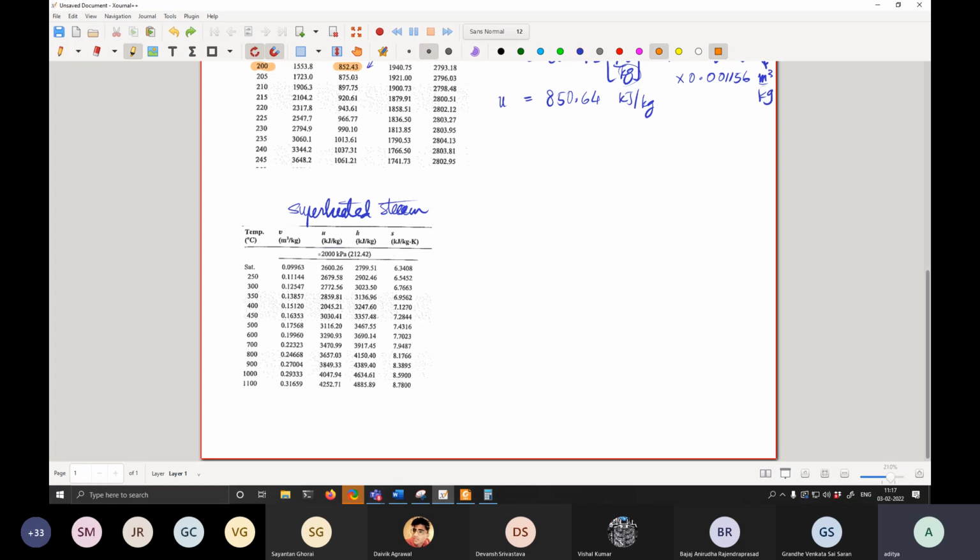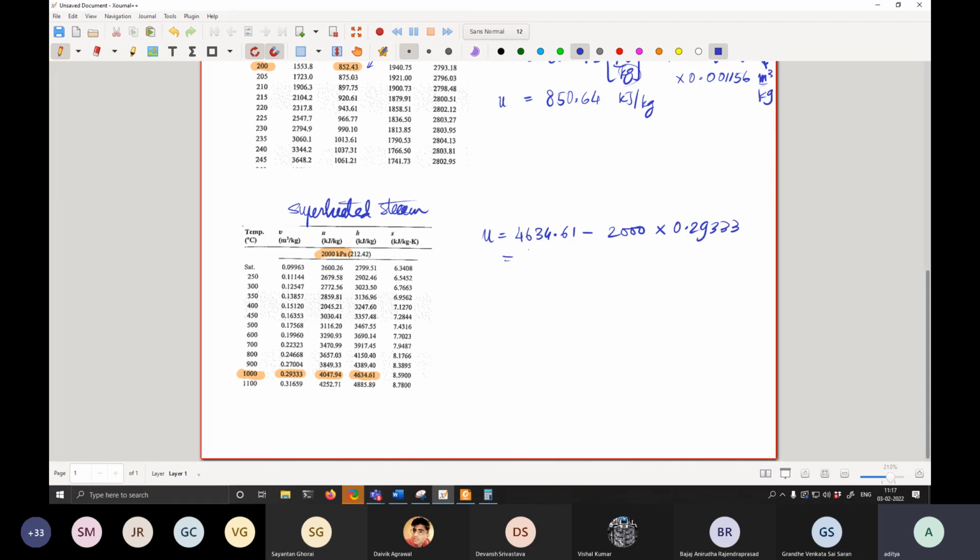Let's see whether this holds true. Let's say we are at 1000 degrees Celsius. The V is 0.29333, U is this and H is this. So we have U equal to H, which is 4634.61, minus P, which is 2000, times specific volume, which is 0.29333.